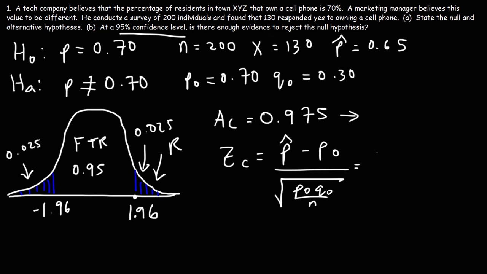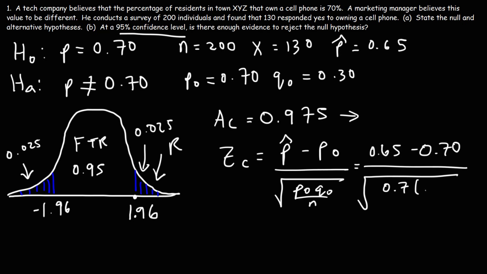So the sample proportion is 0.65, P naught is 0.70, and then this is going to be divided by the square root of 0.7 times 0.3, and the sample size is 200. Let's take this one step at a time. 0.65 minus 0.70, that's going to be negative 0.05.